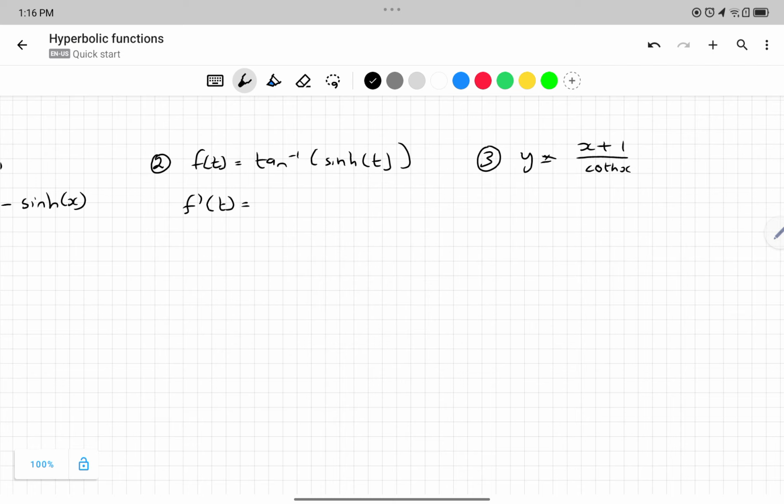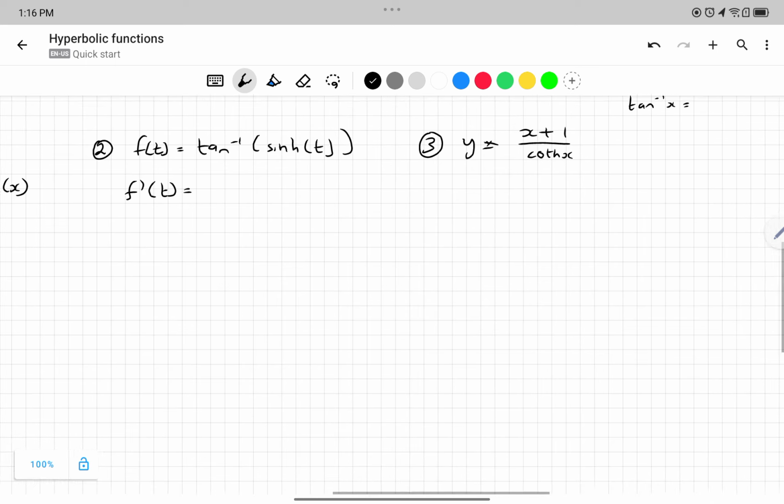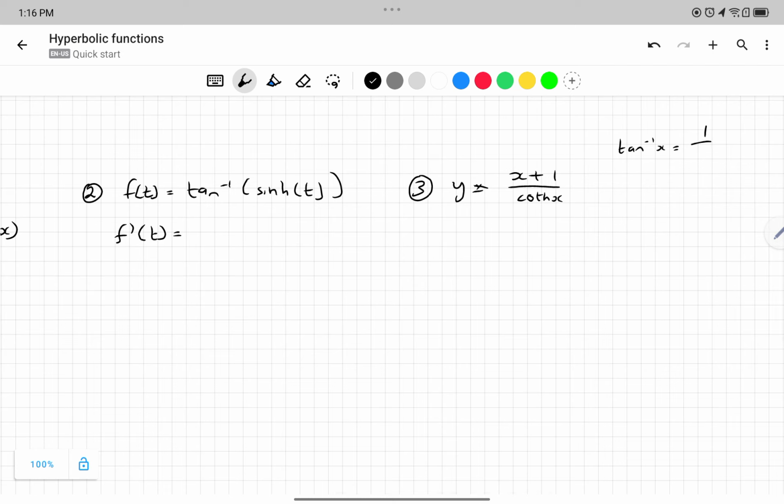So you should know that the derivative of arctan x is equals to 1 all over 1 plus x squared, right?